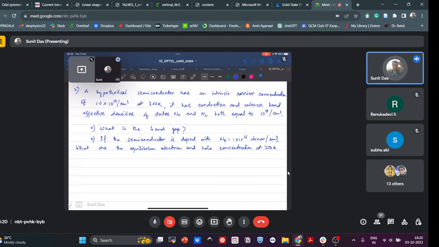First question is what is the band gap of this intrinsic semiconductor, and then we dope the semiconductor with a donor concentration of 10 to the power 16 per centimeter cube. So what are the equilibrium electron and hole concentrations at 300 Kelvin? Try to find this out.